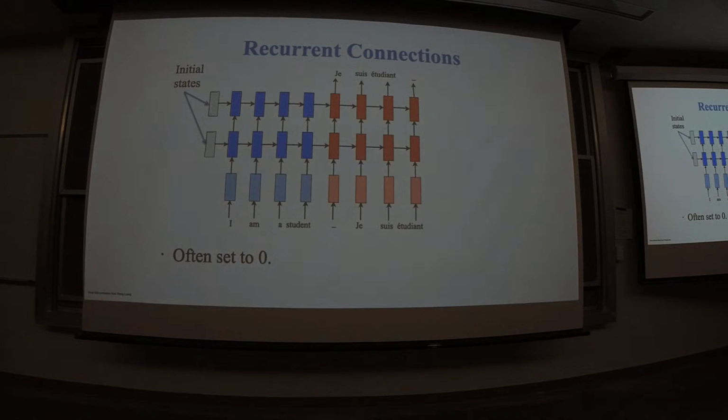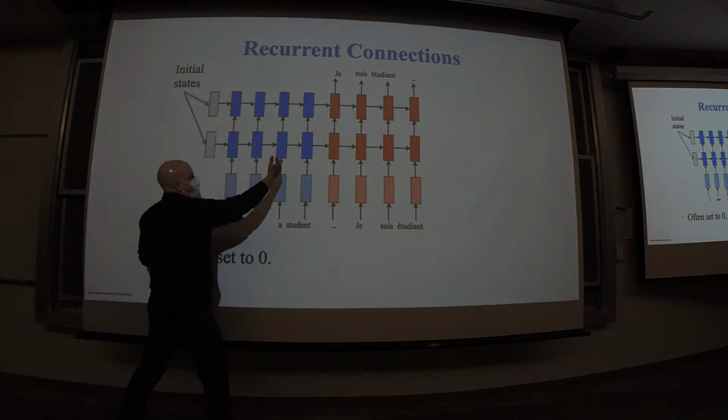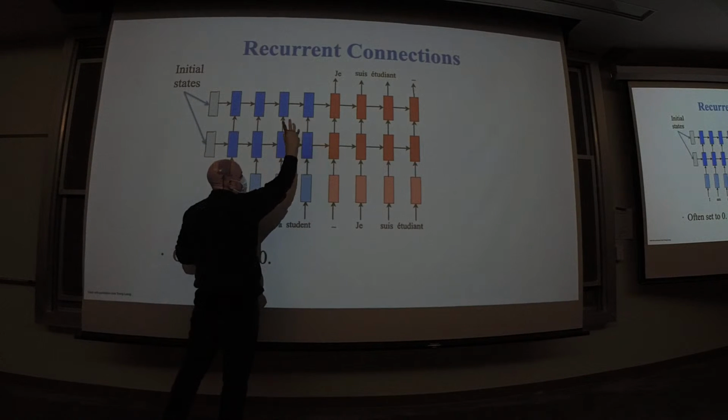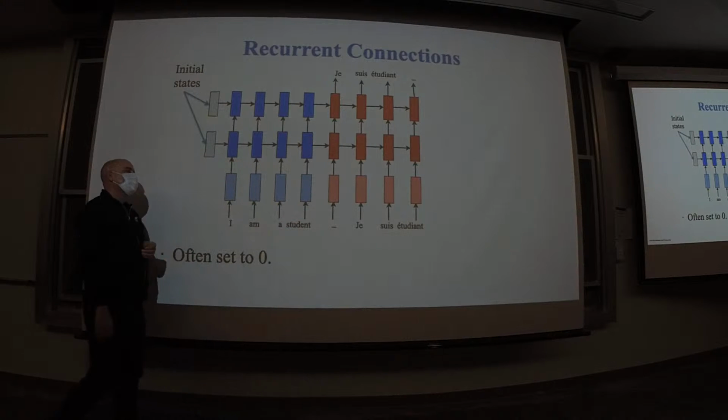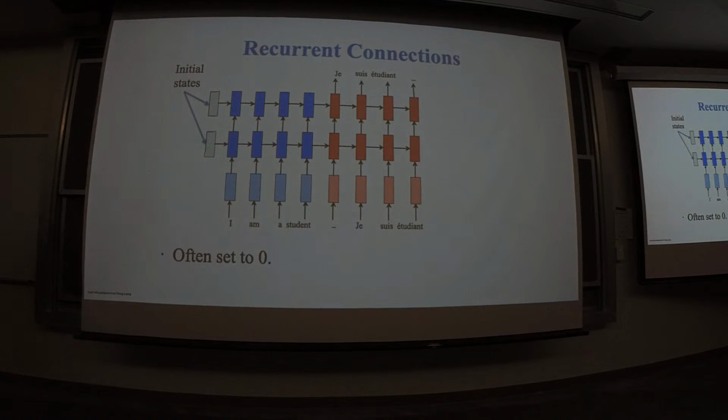Right, we have initial hidden states for each of the layers. As I said before, they're typically set to 0. At least that would be the case for the encoder. That's not going to be the case for the decoder because, of course, the output of each hidden layer of the encoder is going to be the initial state for the decoder. And this is really important, that's how we're conditioning the decoder on the output of the encoder.